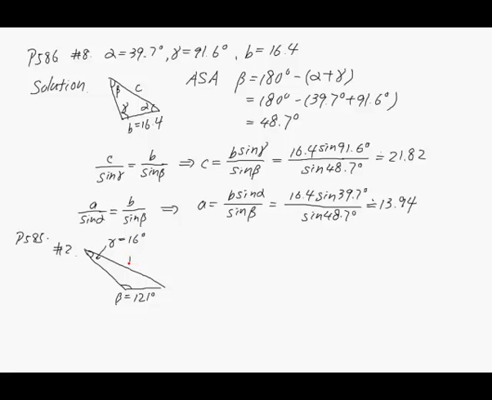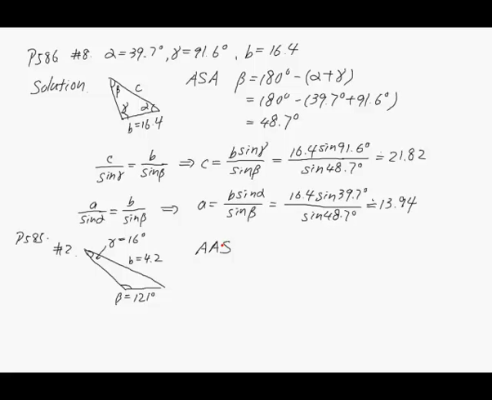And then this is the length B, 4.2. So this is the type angle angle side.